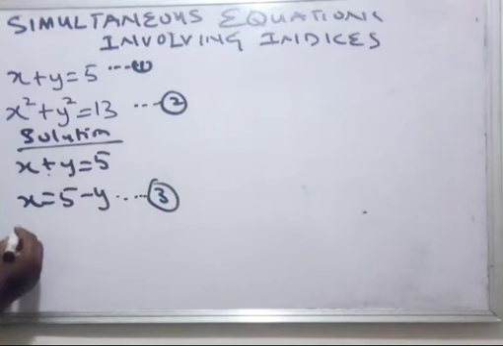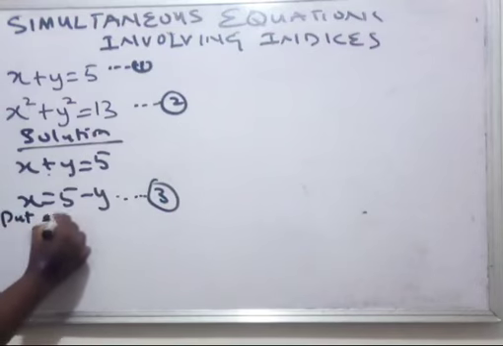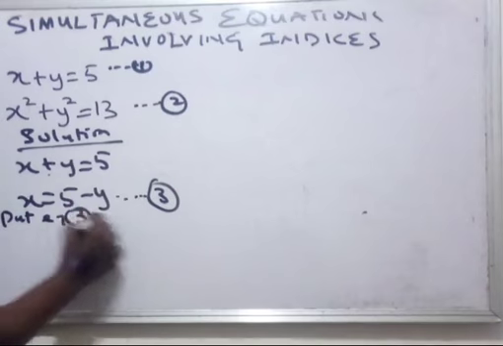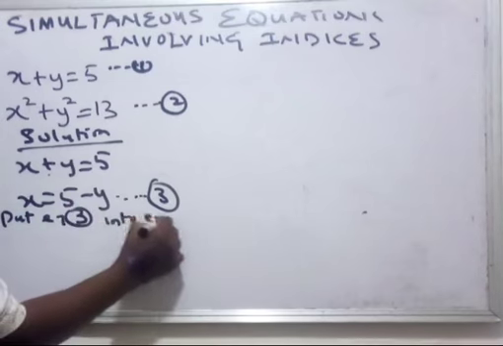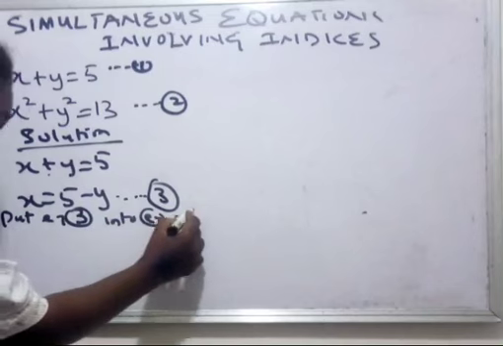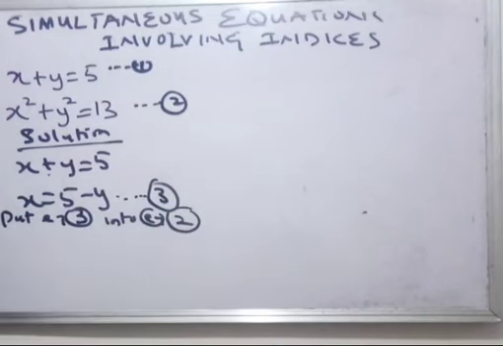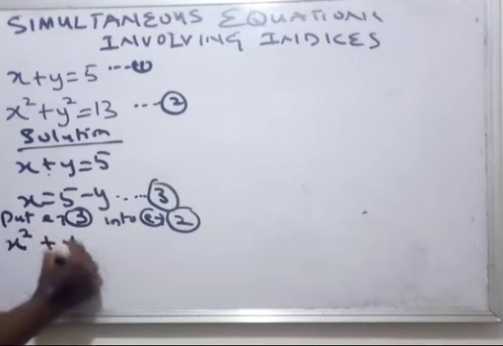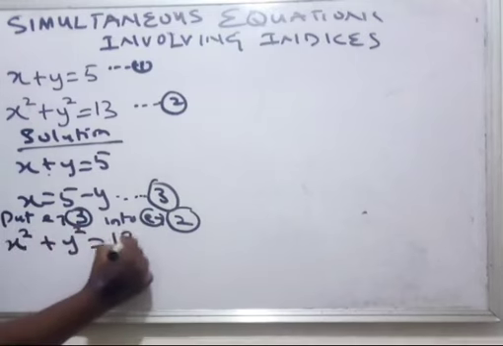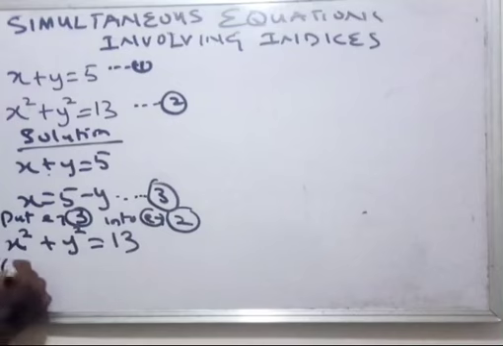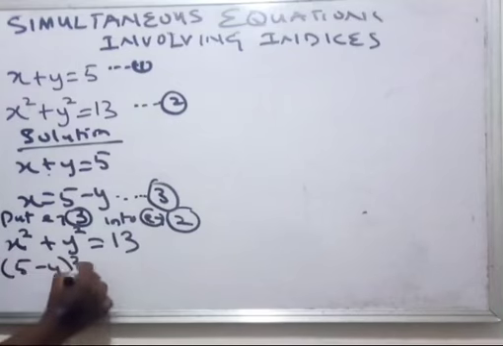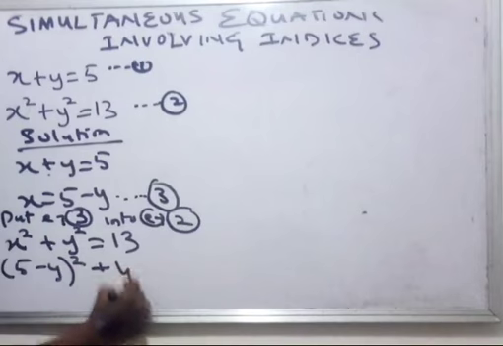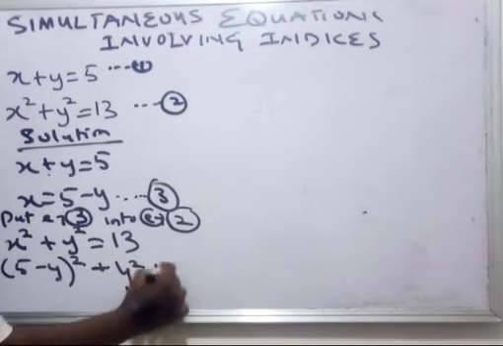So let's do that quickly. Let's write it here. Put equation 3 into equation 2. Alright, so it means we are going to rewrite equation 2, x squared plus y squared equals 13. So we're going to put in 5 minus y for x, plus y squared equals 13.